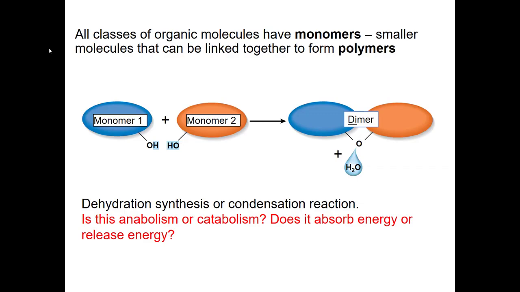Just answer this question in your notes. You should be able to look at this chemical reaction and at least make a guess about whether it's anabolism or catabolism. And then you should be able to use that to decide whether it's absorbing energy or releasing energy.